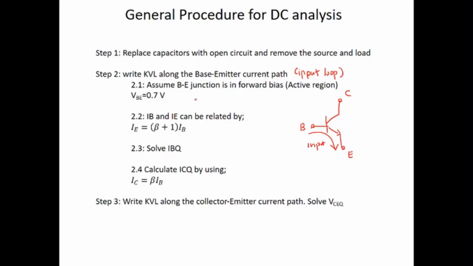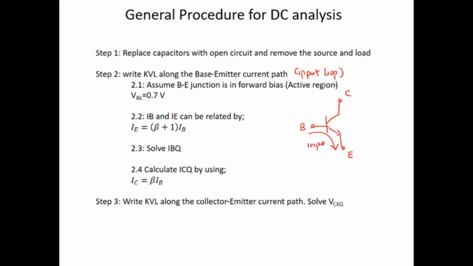When we do the KVL at the base emitter current path, we need to consider the voltage drop across the base emitter terminal. Because the base emitter is a PN junction, and we consider the BJT is in the active region. The important concept to understand is that when we design the BJT for the amplifier circuit, we need to assume that the BJT is in active region.